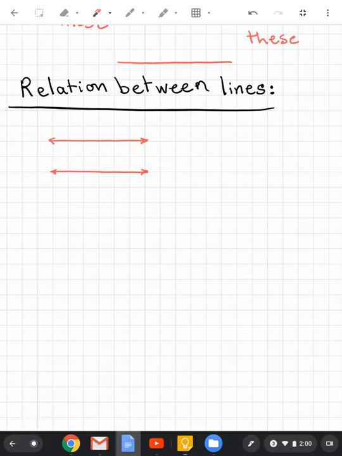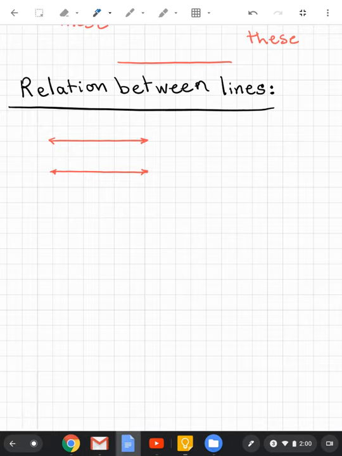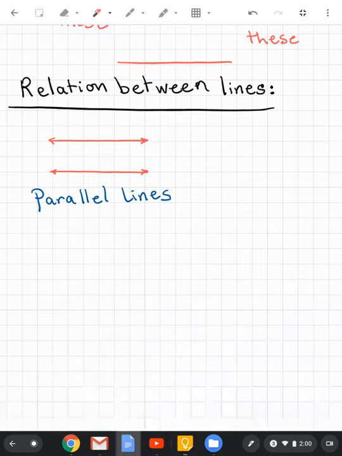So this type of lines we call parallel lines. Lines that never cut each other, we call them parallel lines. Again, they can take this shape.